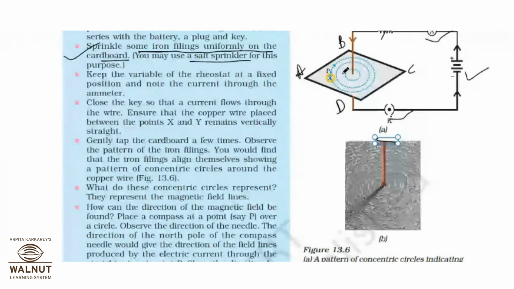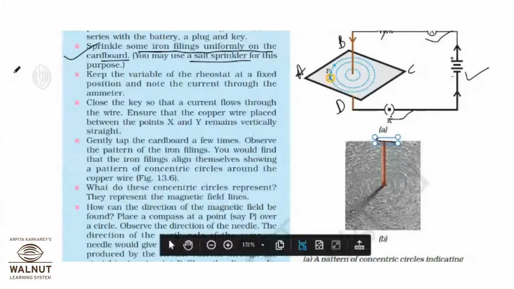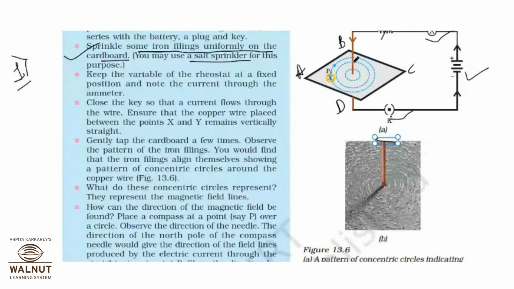It is circular, just circular. What do you call circles which have a common center? It is a concentric circle. So the first MCQ that could be asked is about the pattern that you observe when the current is flowing through the straight conductor. There you are given four options: concentric circle, then some other shapes, something like that.